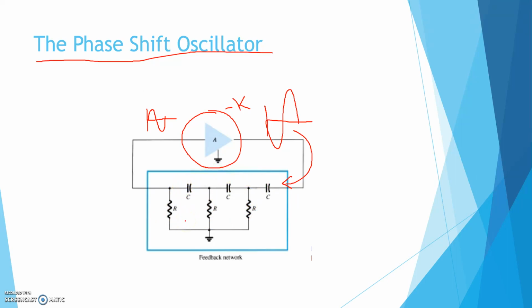As I mentioned in my previous video, if the basic amplifier block is an inverting amplifier, then the feedback network also should provide 180-degree phase shift, so that 180 degrees in the amplifier block plus 180 degrees in the feedback block gives a total of 360-degree phase shift.